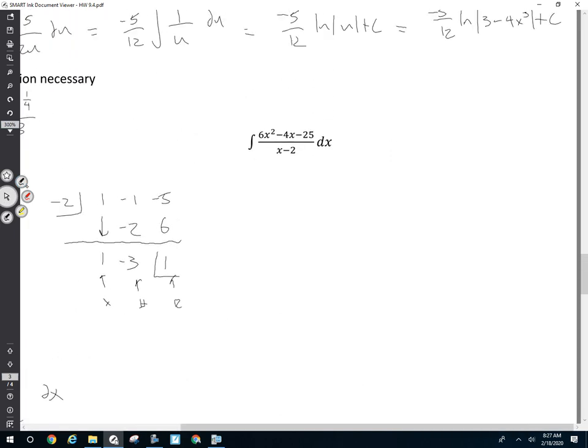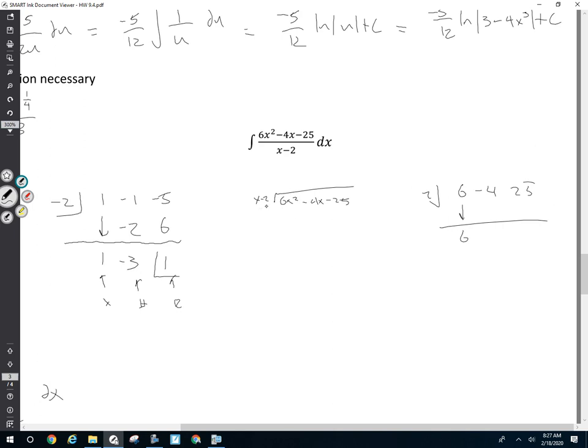Let's try this one out. You can either do long division or synthetic division. So we bring the 6 down. Why do I need a 6?